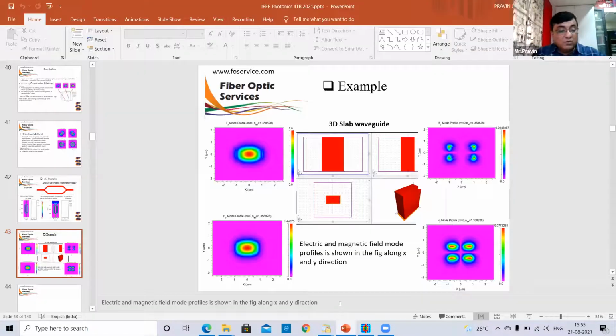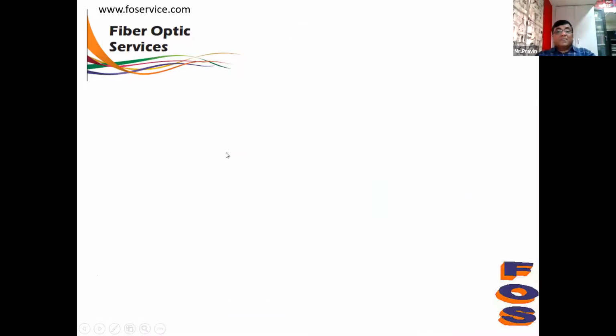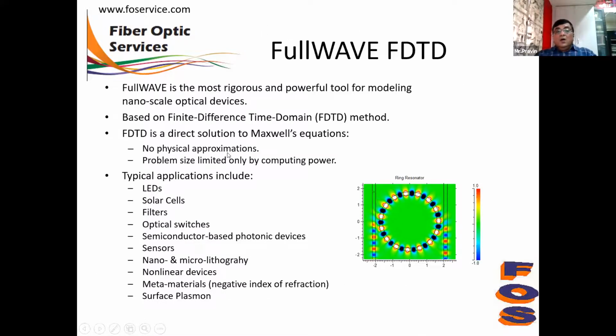Now let's move to the next simulation tool, because we have so many tools, the full wave. Full wave FDTD is based on the finite difference time domain method. And as you all know, FDTD carries the time dependent information with it. So there is no physical approximation.